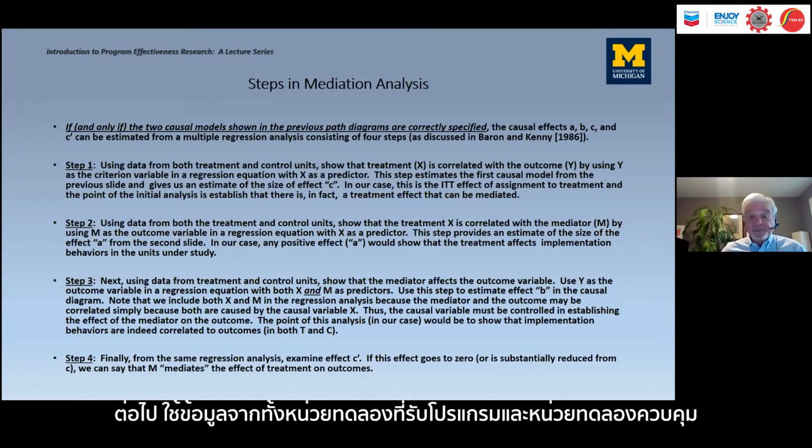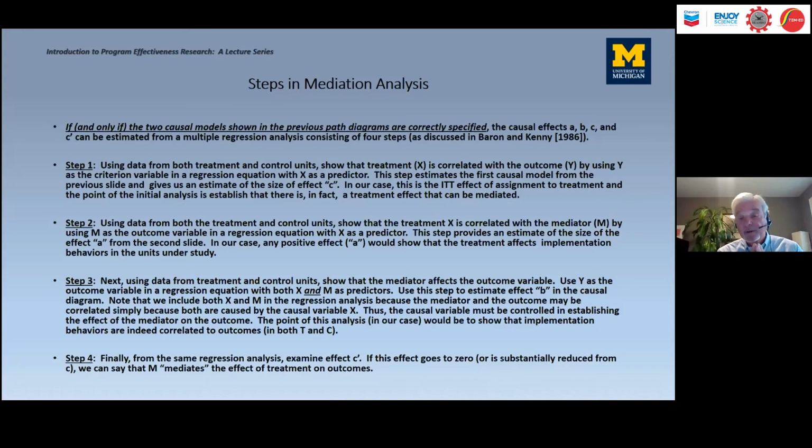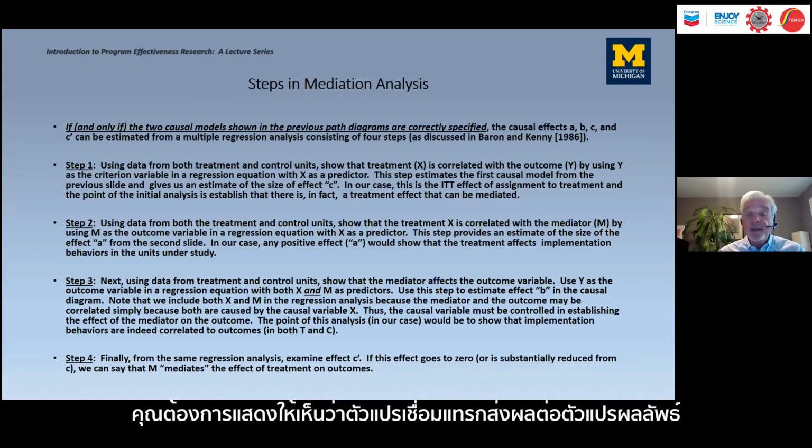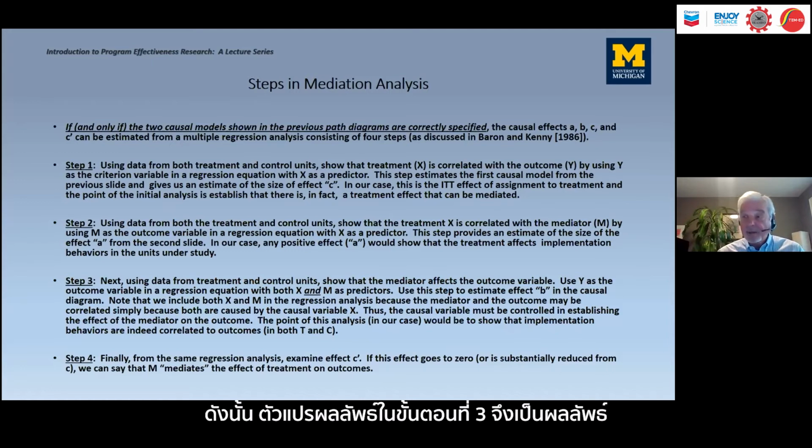Then, again using data from both treatment and control units, you want to show that the mediator affects the outcome variable. So now the outcome variable in step 3 is program outcomes.